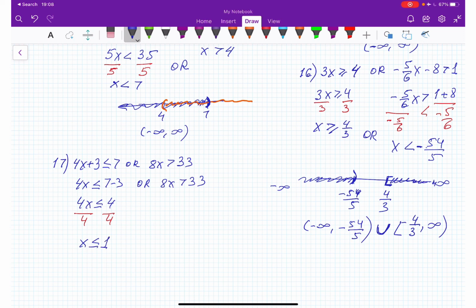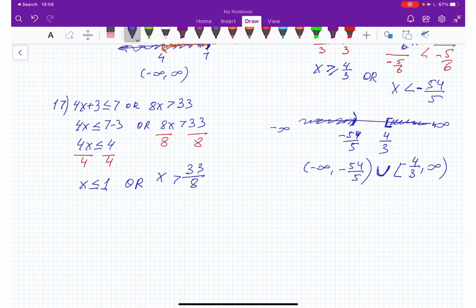Now 8x greater than 33. Dividing by 8, and we are getting x is greater than 33 over 8. And here we have or.